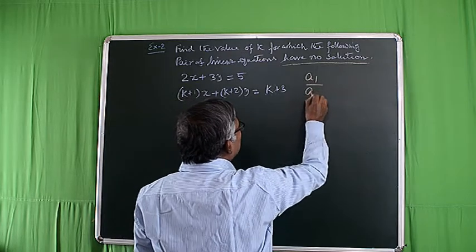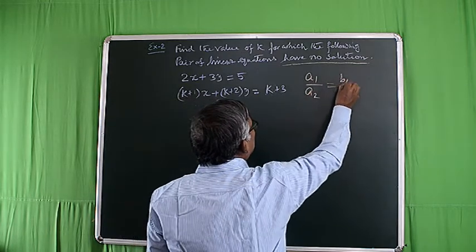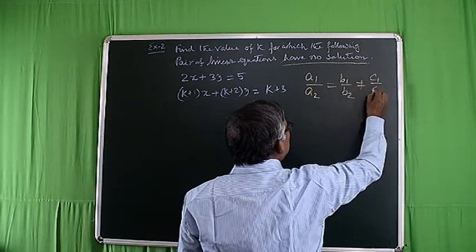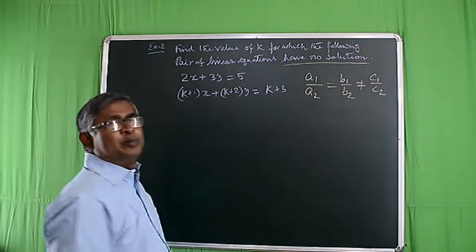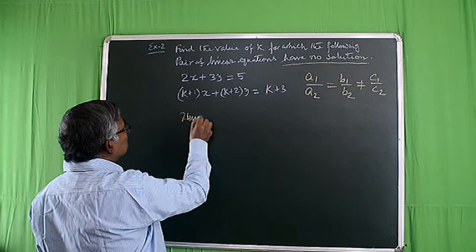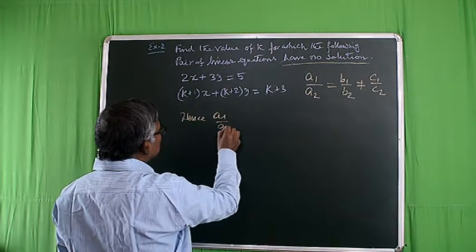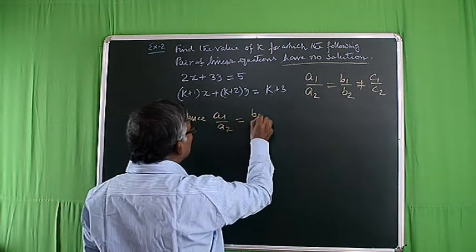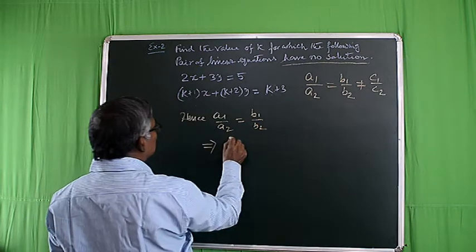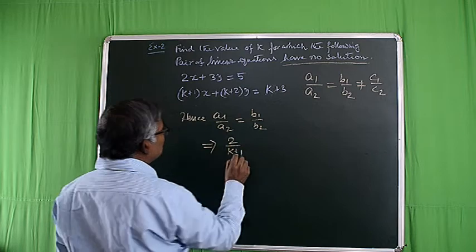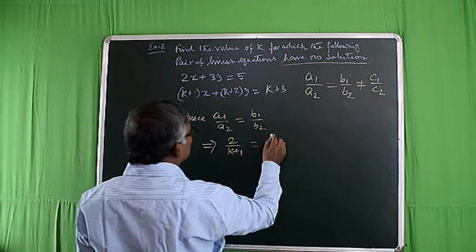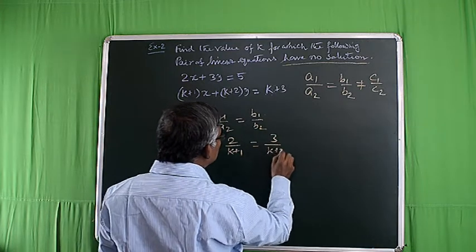a1 by a2 equal to b1 by b2 not equal to c1 by c2, that is the lines are parallel. Hence a1 by a2 equal to b1 by b2 implies that 2 by (k plus 1) equal to 3 by (k plus 2).